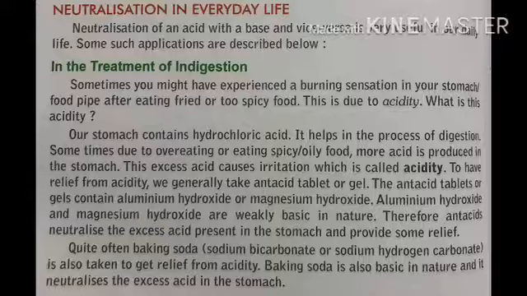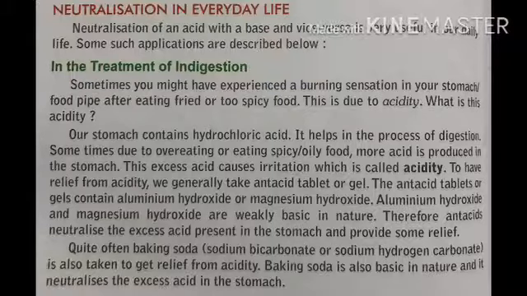To have relief from the acidity, we generally take an antacid tablet or gel. The antacid tablet or gel contains aluminium hydroxide or magnesium hydroxide. Aluminium hydroxide and magnesium hydroxide are weakly basic in nature.